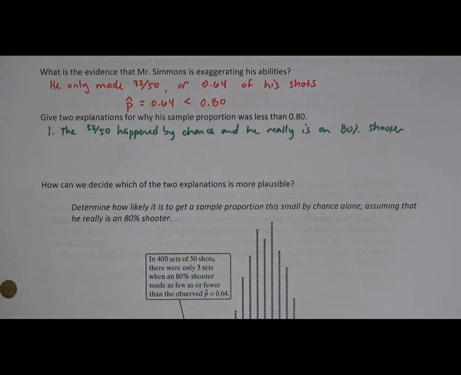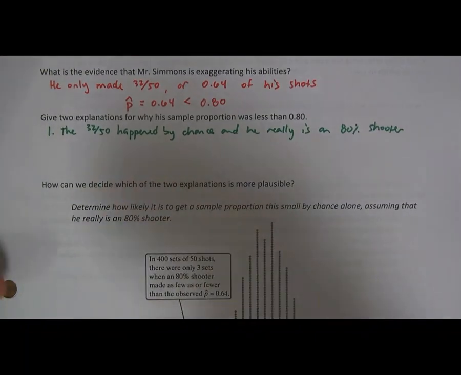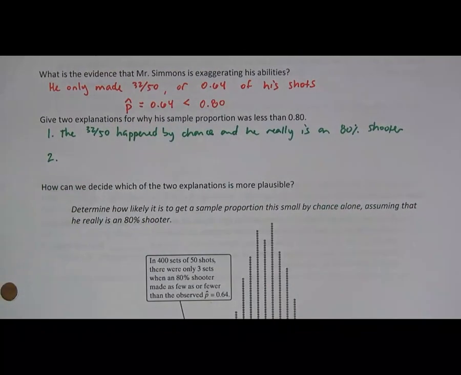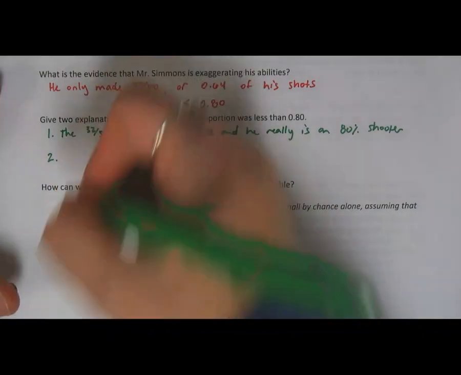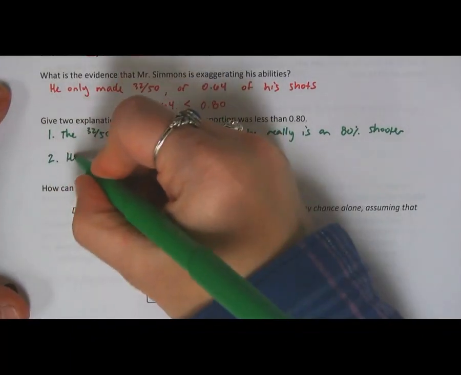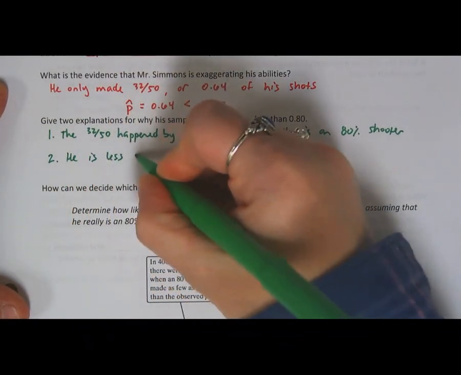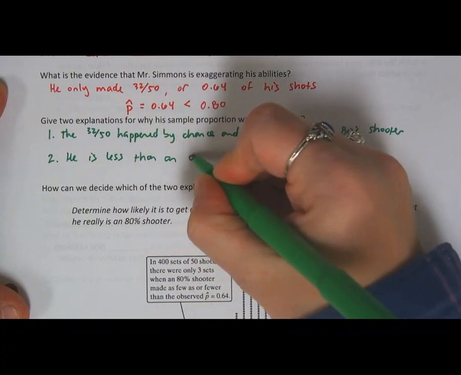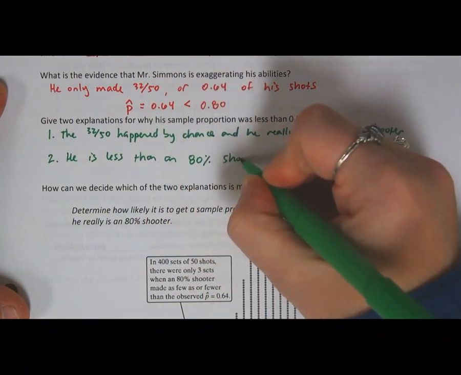Could have happened by chance. And we're going to see how likely it is that it was just by chance. The other explanation of why he did so poorly in front of me is, well, he's just less than an 80% shooter. He's exaggerating. It's got to be one of those two things.